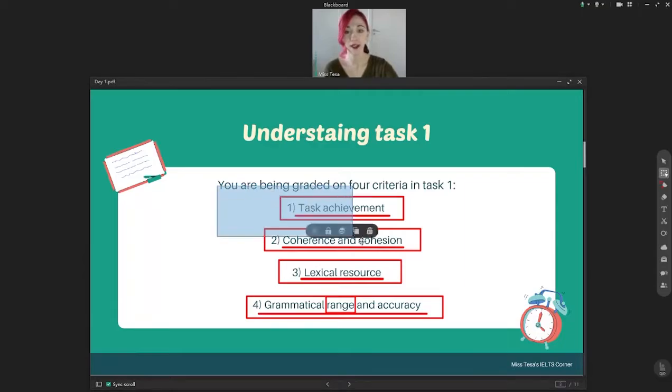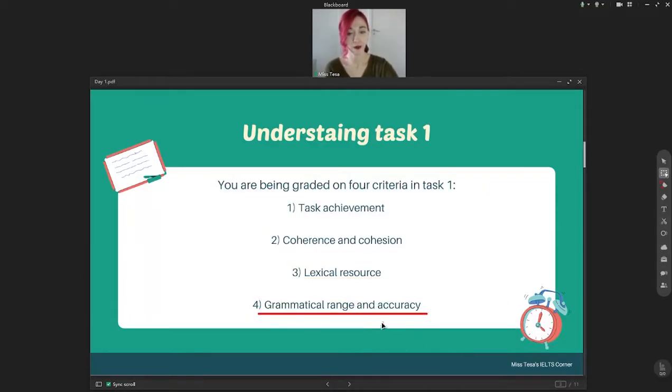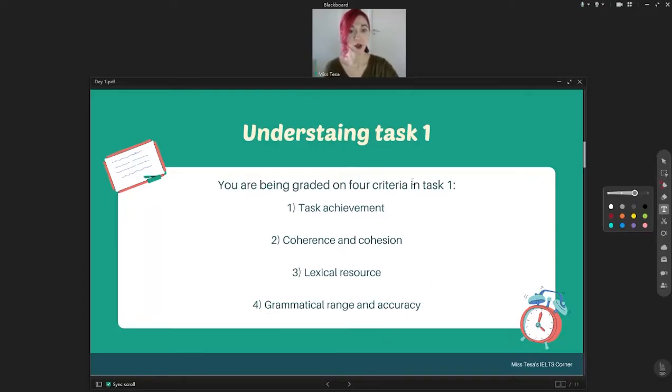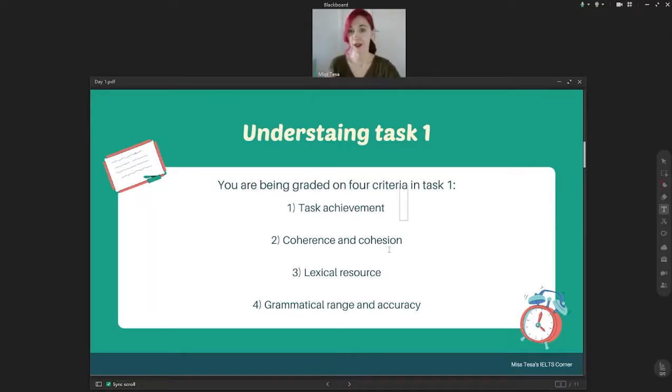So when you are at the exam and the examiner is trying to give you a score, right? They're trying to grade you. They will usually give you a score in every one of these criteria.